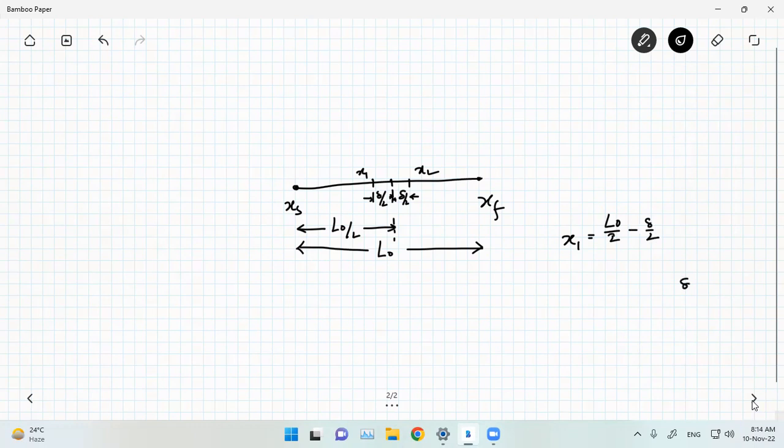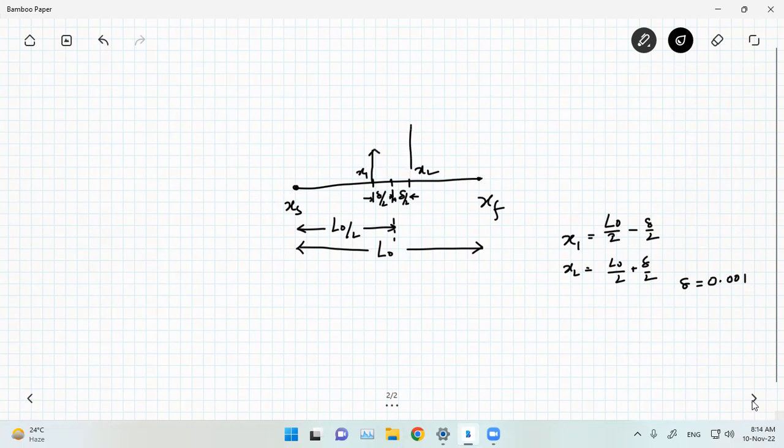In general, if the value is not given, it is always assumed to be 0.001. The other point x2 will be L0 by 2 plus del by 2. At these two points, x1 and x2, we have to evaluate the function.